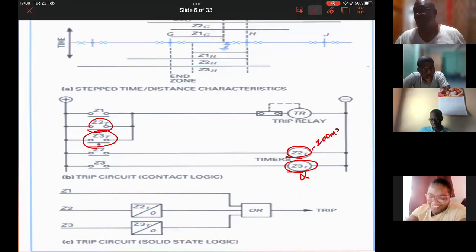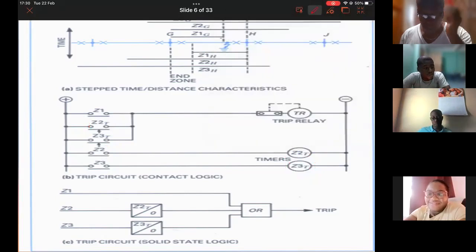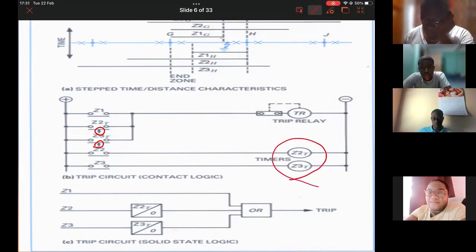All right. So your Z2T, and we denote that, if you look at the bottom here, you see a little arrow. The little arrow is telling you that the contact will close after a time. So we close that after the timer here, and that's what these are showing.